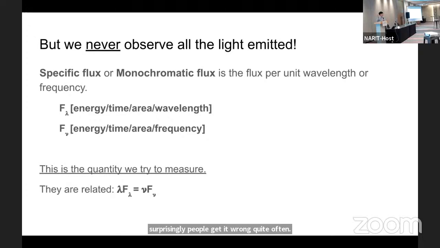This is the quantity we try to measure, and you can convert between the two by a simple equation: lambda times F lambda equals nu times F nu. And as a reminder, for any light, wavelength times frequency is the speed of the wave. In this case, it's the speed of light.